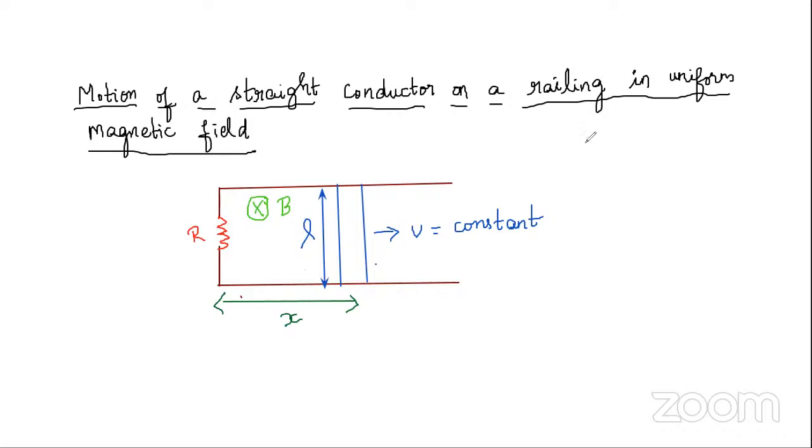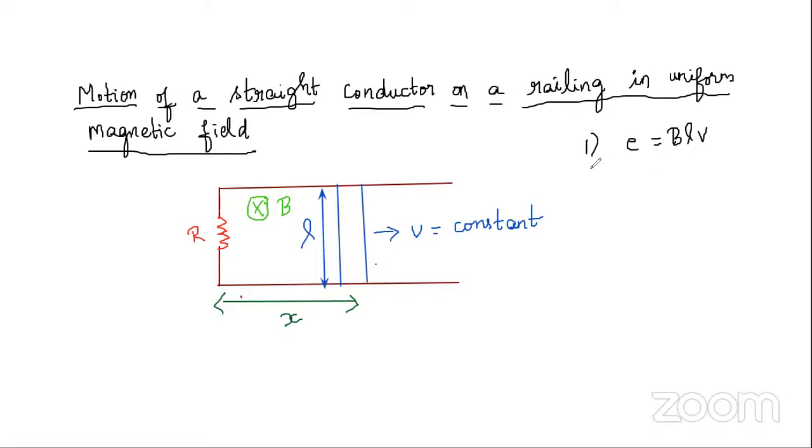So first of all, the EMF induced in this rod is represented by E equal to BLV, because the magnetic field is perpendicular to the screen and directed inwards, and you have the velocity towards the right side direction, and L. So E equal to BLV is the induced EMF.